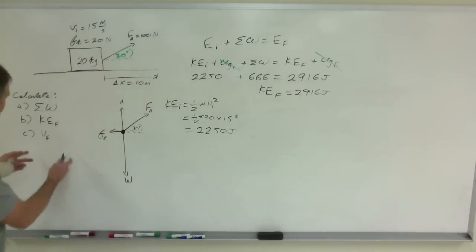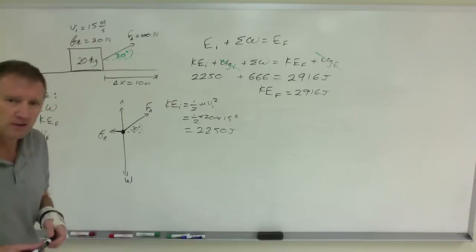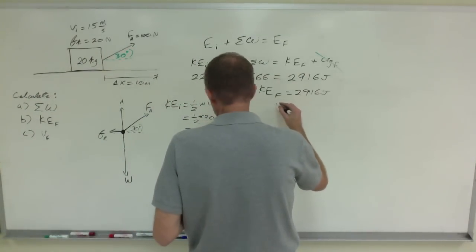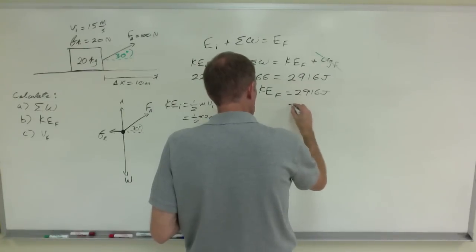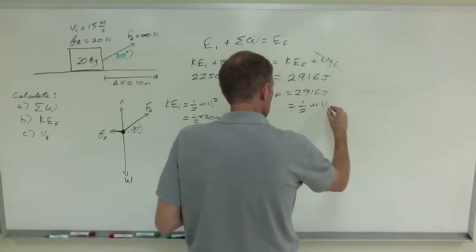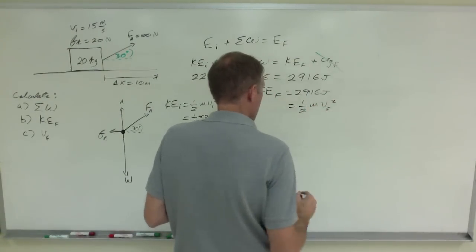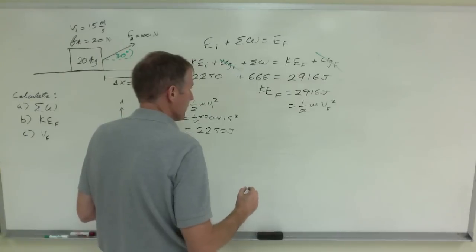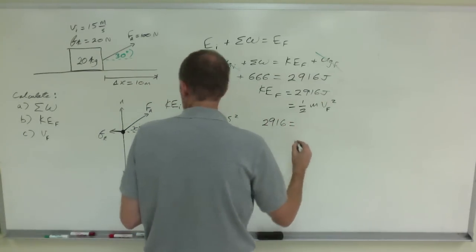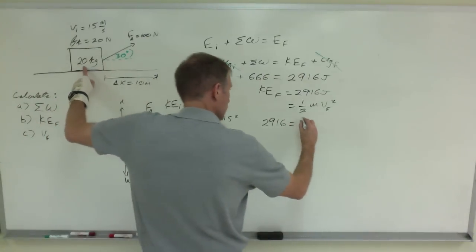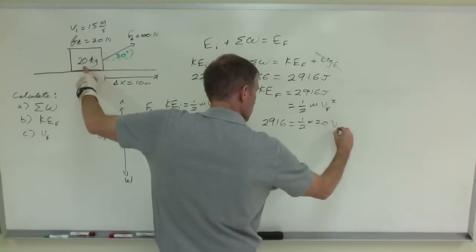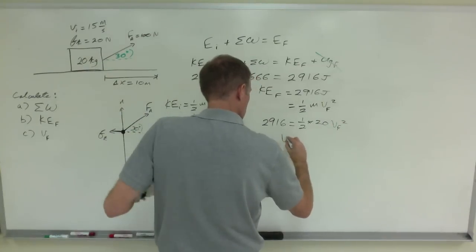Now we can find, for part C, its final speed. We know that this equals 1/2 mv squared. So 2,916 equals 1/2 times 20 VF squared.